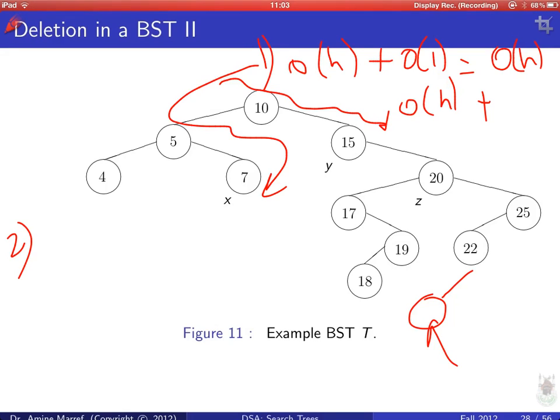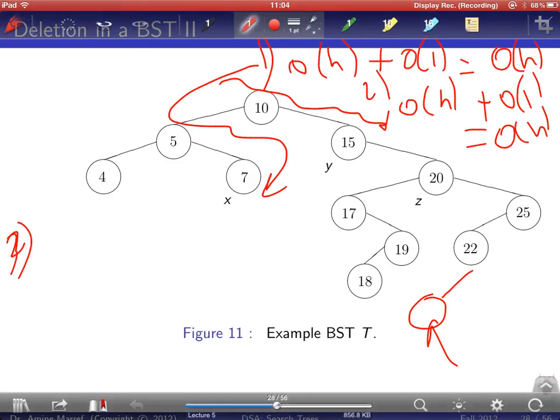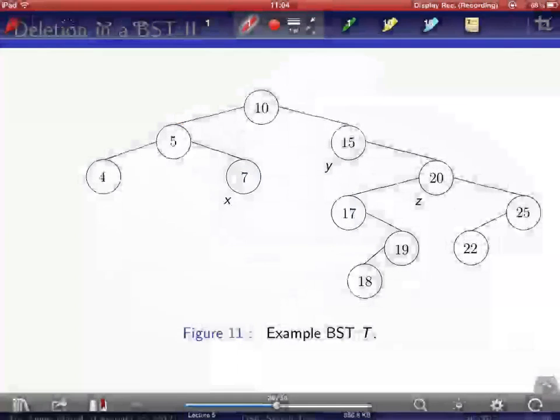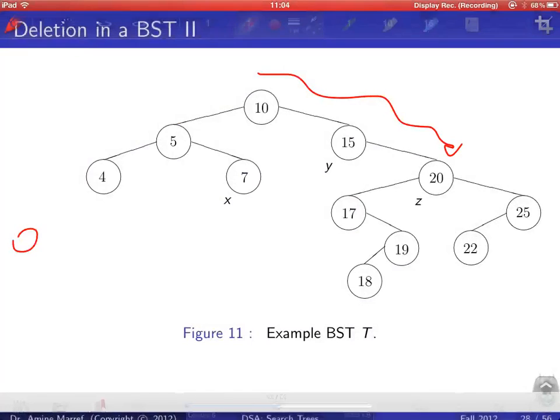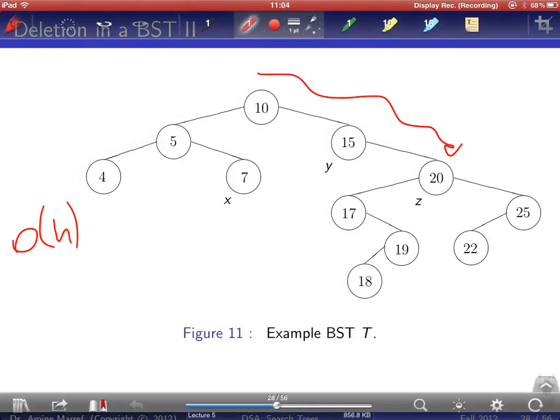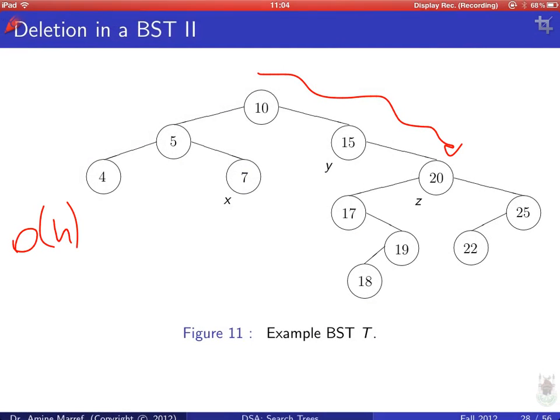And the code is going to look at the node. If it doesn't have any children, or if it has one left child, or one right child, and finally when both of them are present, in which case we are going to find the Inorder predecessor.